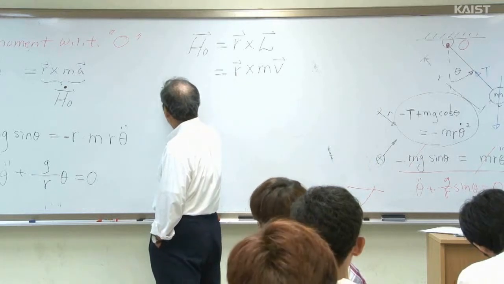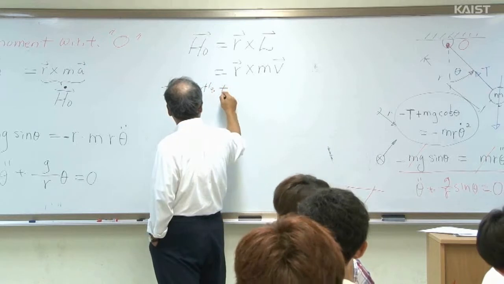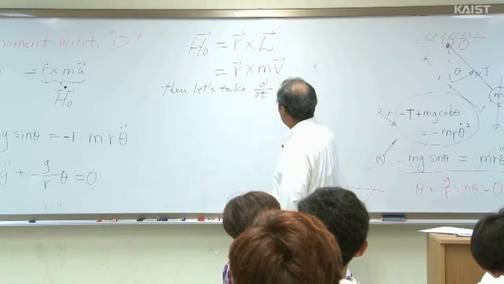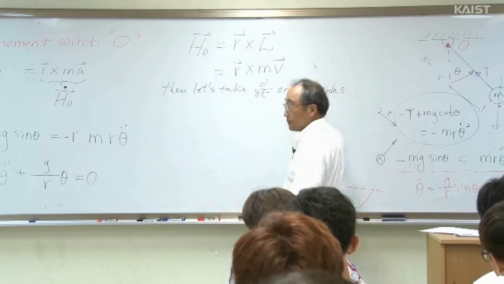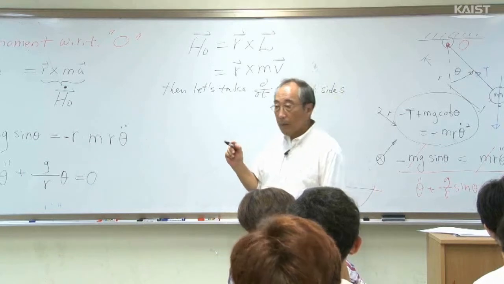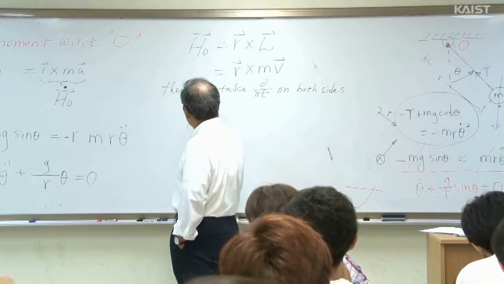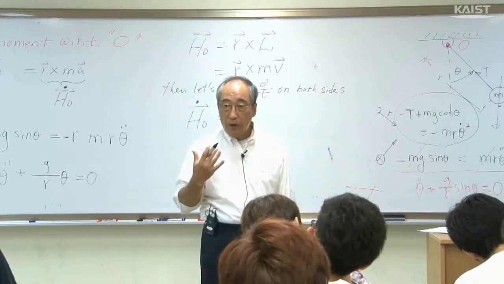Then let's take d/dt on both sides. All right? Then this is H0 dot, the rate of change of angular momentum.